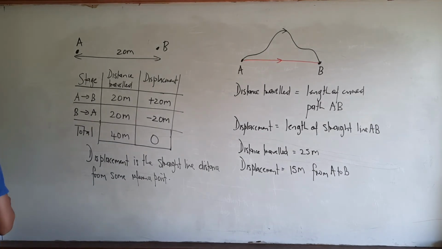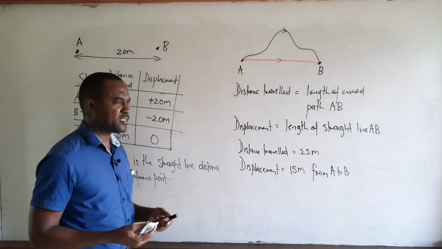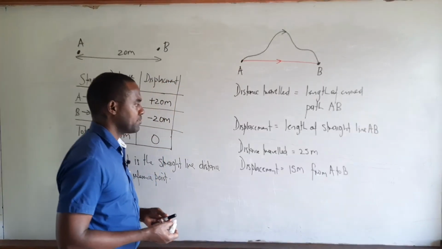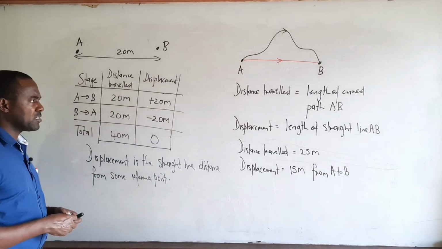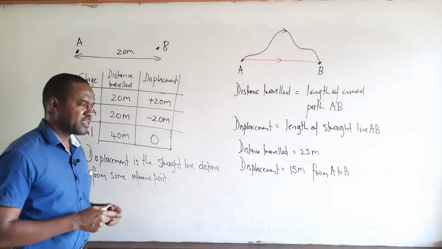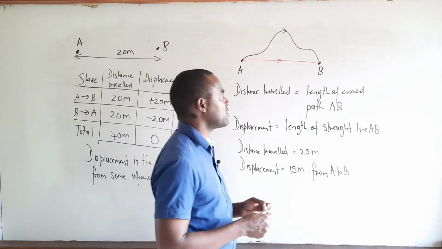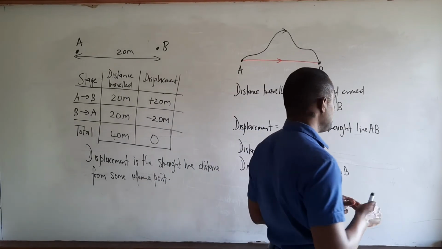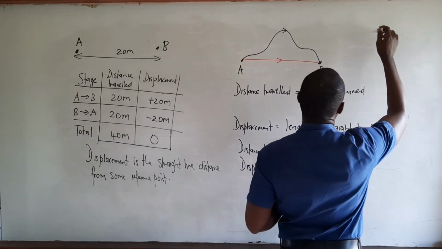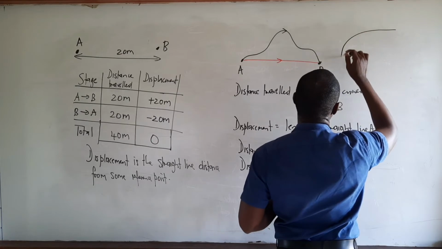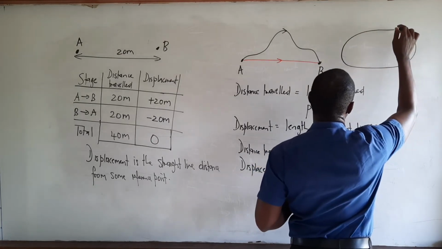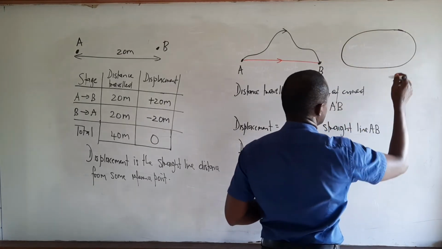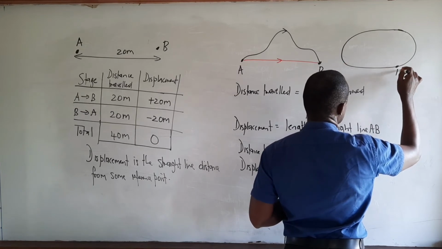In this other example, we will look at the case of an athlete who covers exactly one lap of a 400-meter track. So let's say this is the starting point A, right?